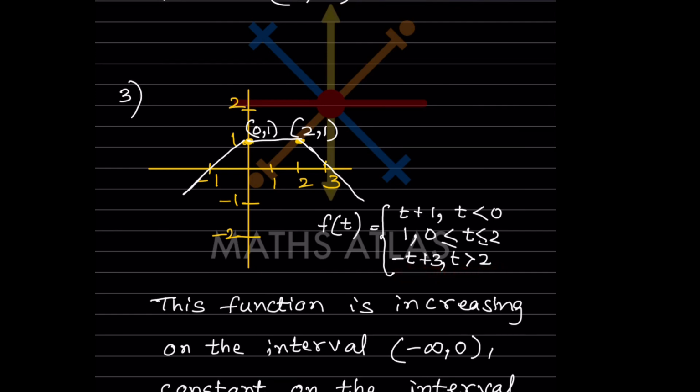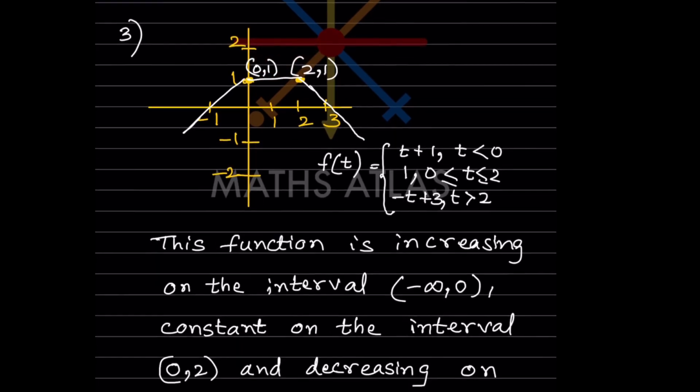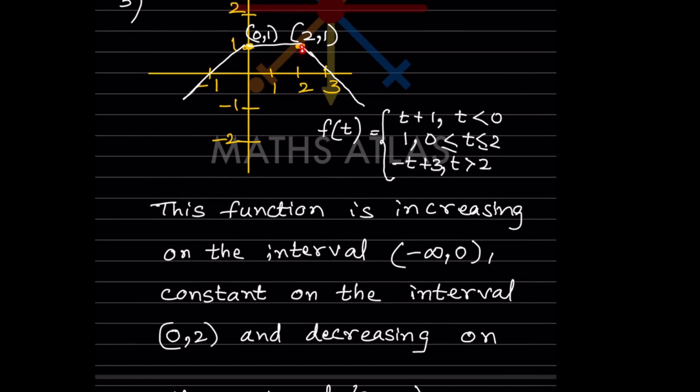So here, from minus infinity to 0 it is increasing. Then it is constant from 0 to 2, and then it is decreasing from 2 to infinity.